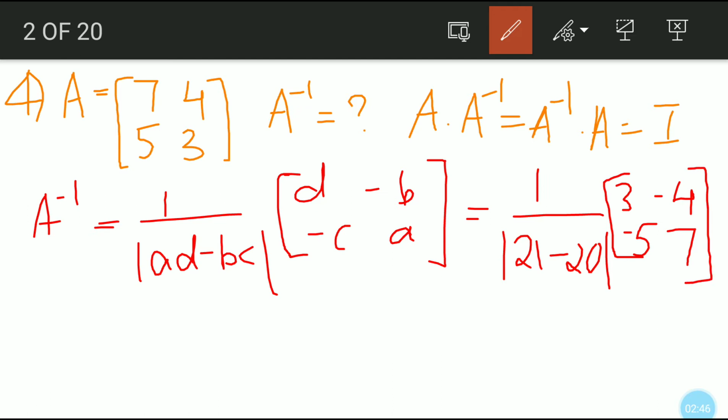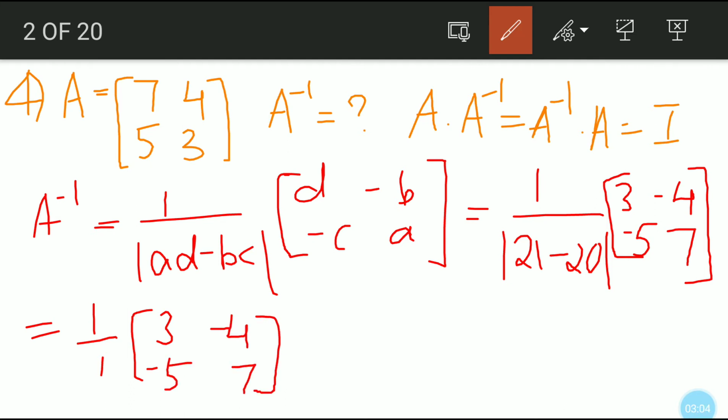Now we will solve this. 21 minus 20 is 1, so 1 by 1 is solved. Then write the remaining matrix as it is: [3, minus 4; minus 5, 7]. This 1 by 1 is 1 only, so when you multiply, it is going to be the same.